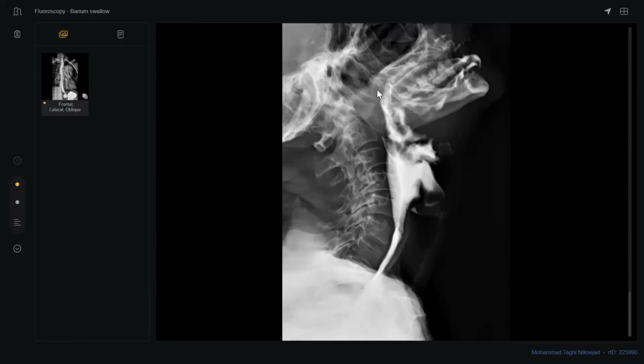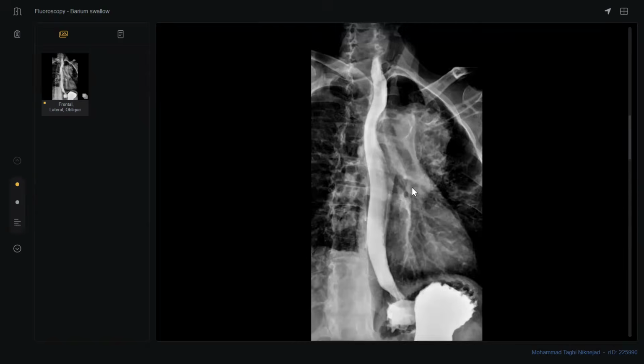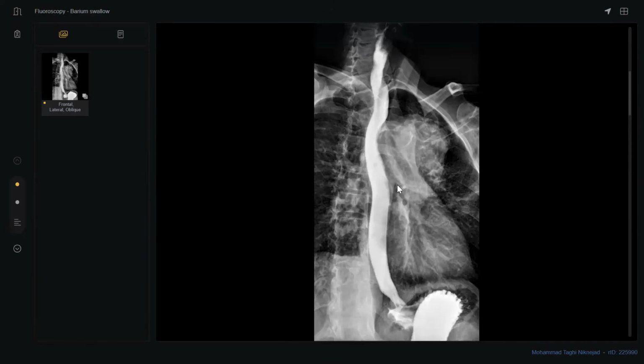Okay. So I can see that there is passage of contrast seen freely from the hypopharynx, passing freely through the esophagus into the stomach. However, I cannot see normal peristalsis.